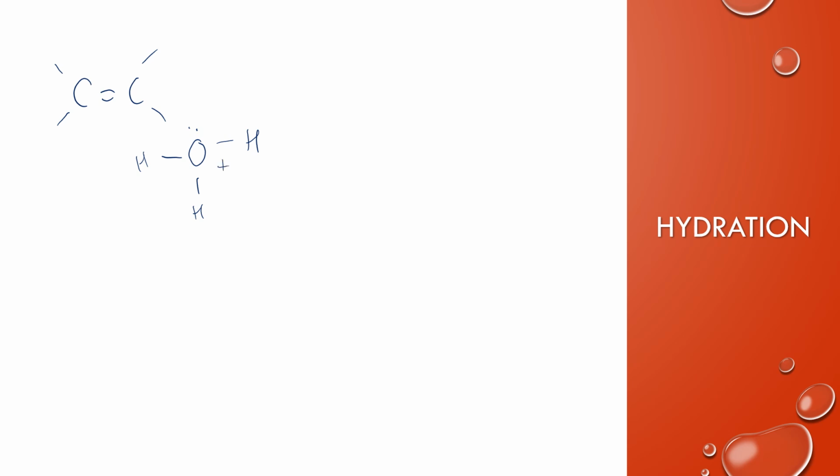Okay, so the double bond is still going to transfer electrons in here, and then that is going to transfer to the oxygen to break the bond in hydronium and break the pi bond in our alkene. And this is the first step, so it's still the slow step. This is the same basic mechanism. I just wanted to show you what it looked like with hydration.